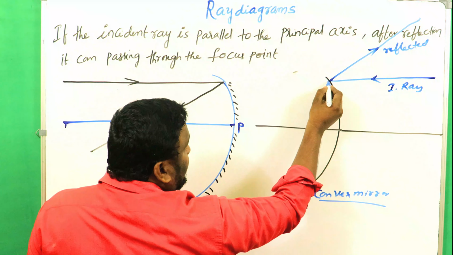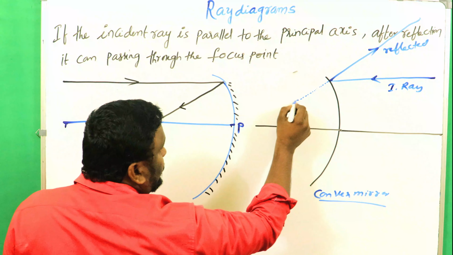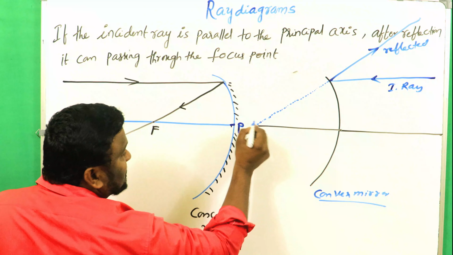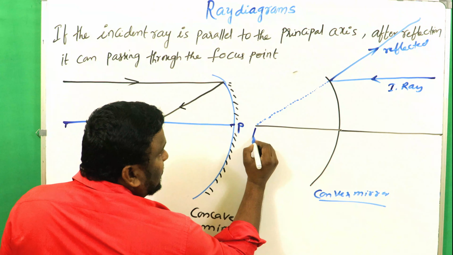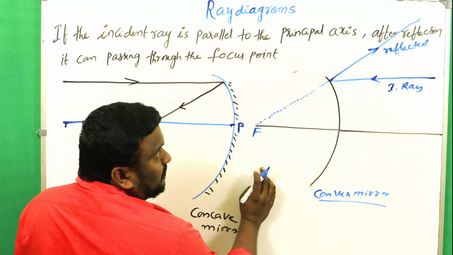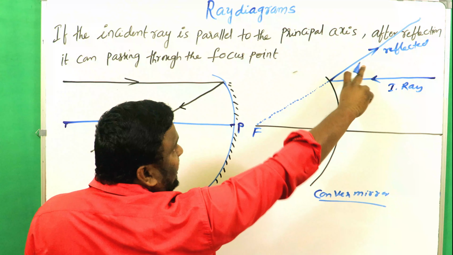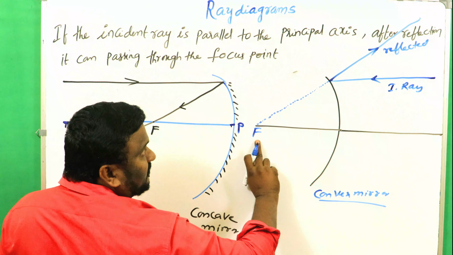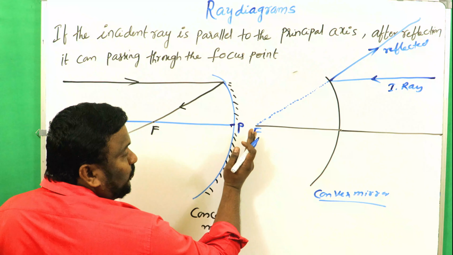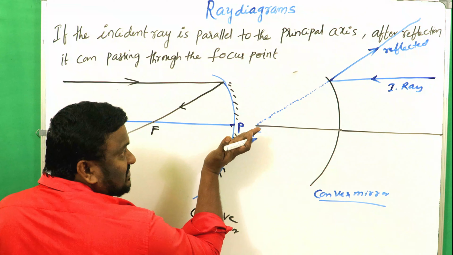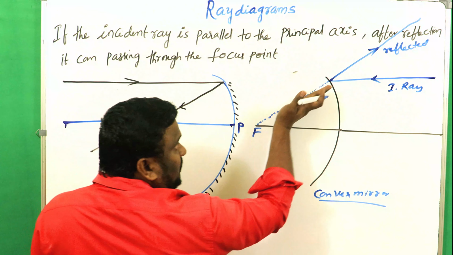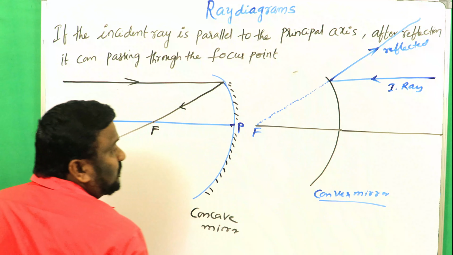If you extend the reflected ray like this, that point is the focus. When we extend the reflected ray, it meets at one point. That means the reflected ray seems to be moving from the focus point.